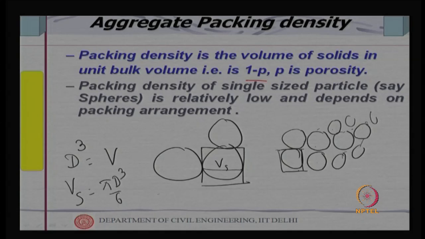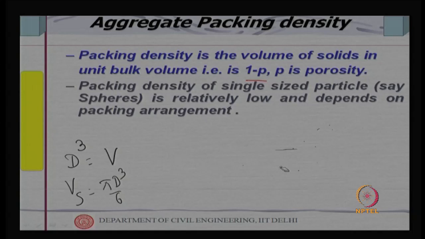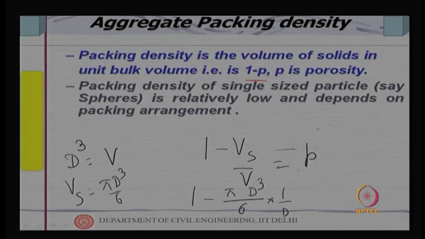So, porosity will be given by 1 minus Vs by V, that is equal to P, and this will be given as 1 minus pi d cube by 6 by d cube.